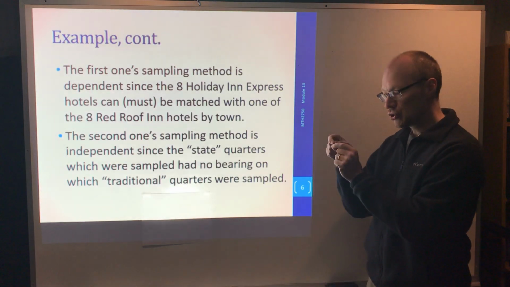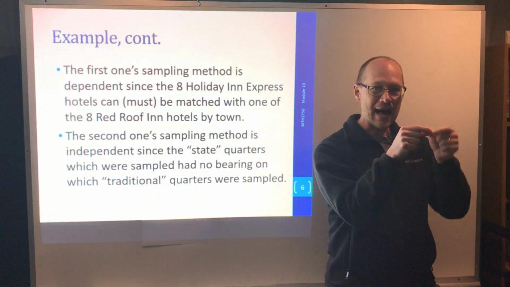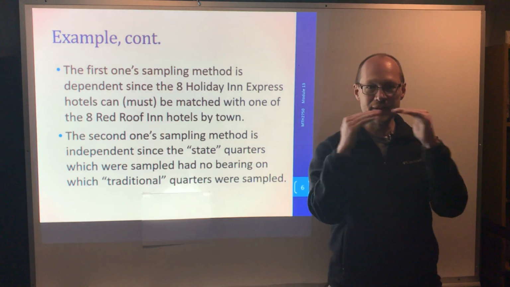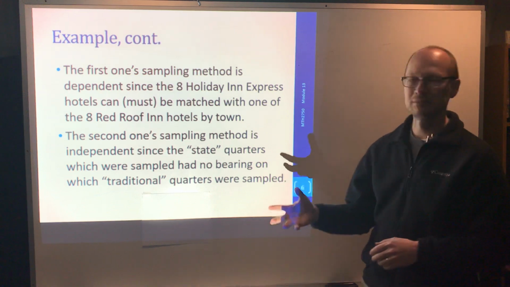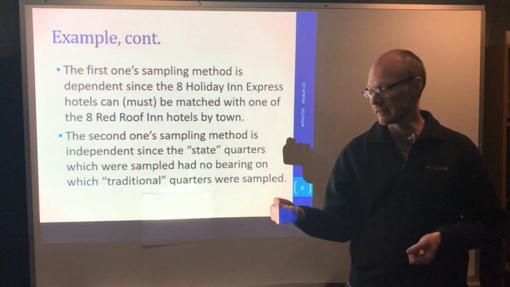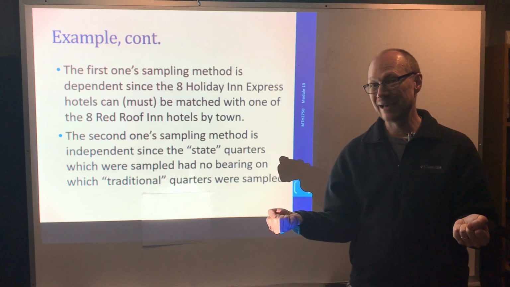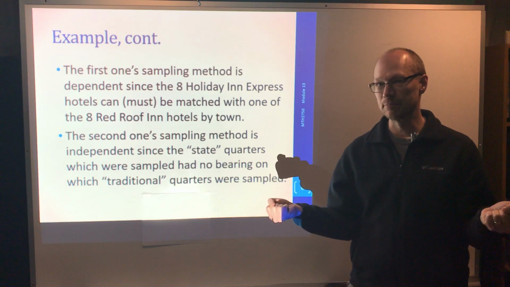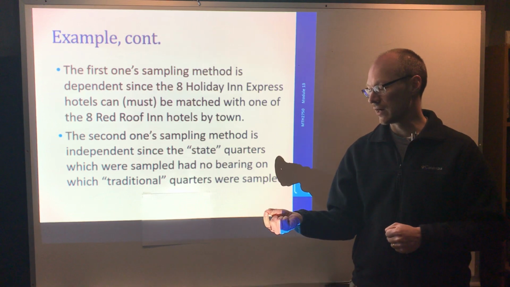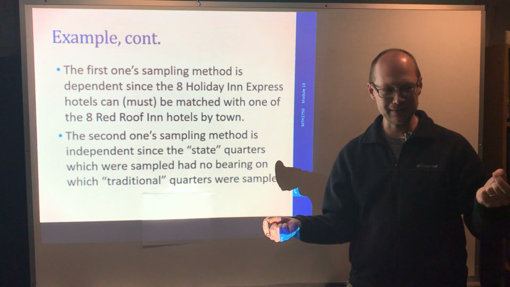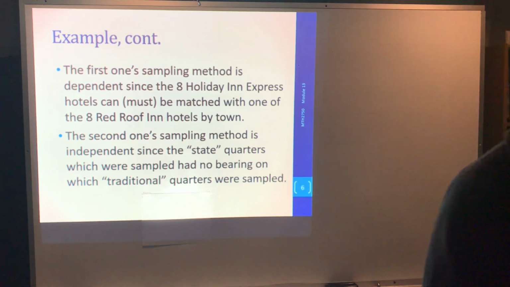So your choosing of these 8 determines how you choose these 8, and they are paired actually by cities. The second one, there's no bearing. You can select any handful you want, state versus traditional, and the difference in the numbers is actually your biggest clue there. But you picking a Delaware quarter does not mean that you're going to pick a 1985 traditional one. There's no bearing one or the other.